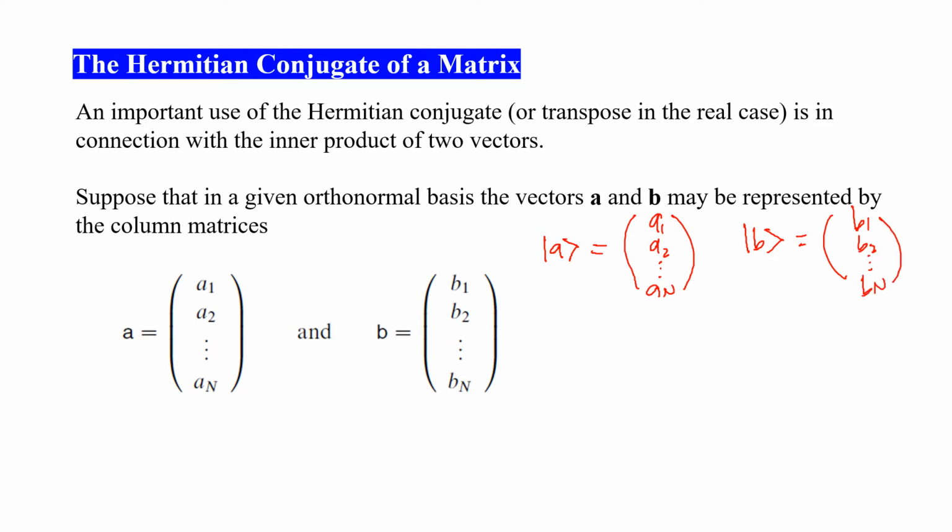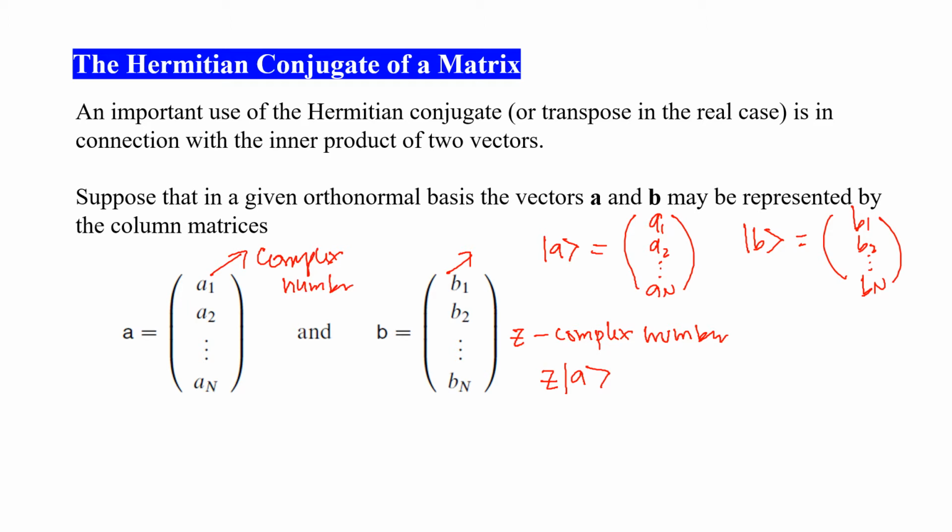And if, for example, Z is a complex number, and we have Z ket A, remember that Z is a complex number, and these A's and B's are actually also complex numbers. Your A components and your B components are also complex numbers.